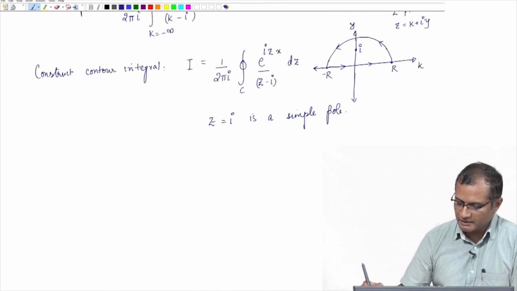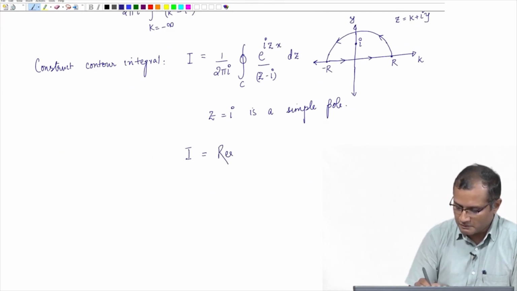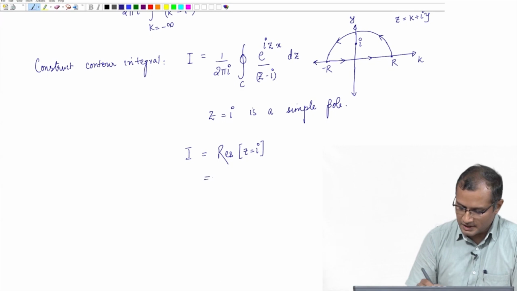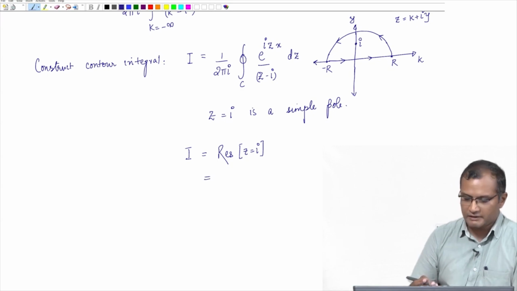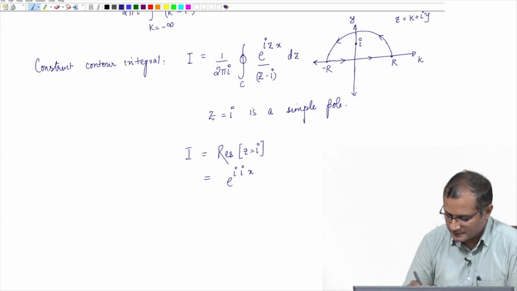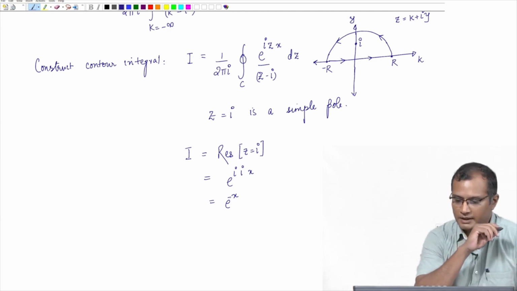So, the integral I is then simply given as the residue at z equals i, which, if I compute the residue, is nothing but e to the power i into i x, which is e raised to minus x. Okay.